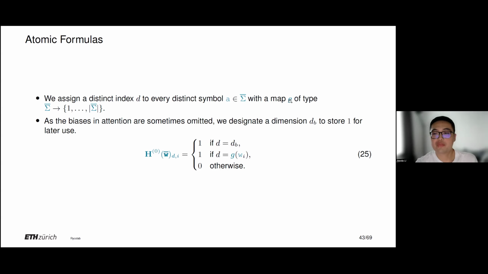We imagine we have a map G that maps each distinct symbol to a distinct index D. So this embedding H0 at dimension D, position I will be 1 if and only if the dimension corresponds to the symbol at this position I. And because biases are sometimes omitted in the attention layers, we designate dimension dB to always be 1.